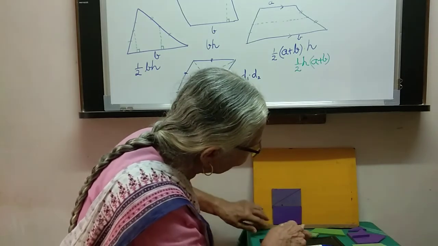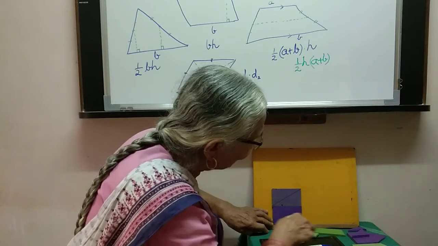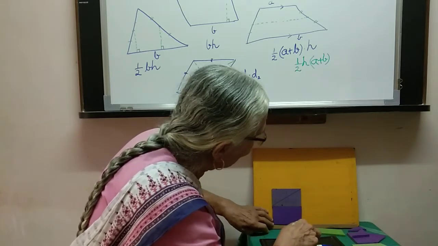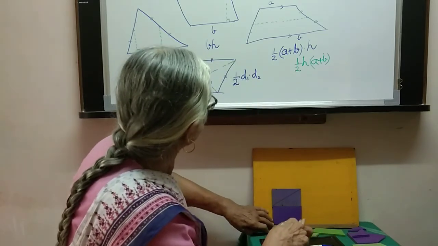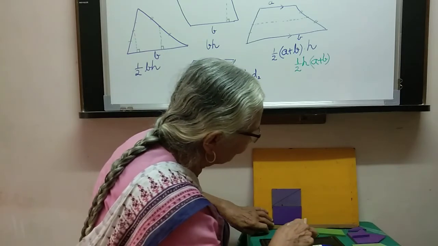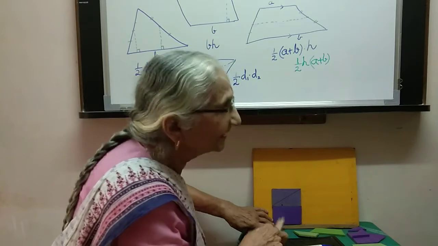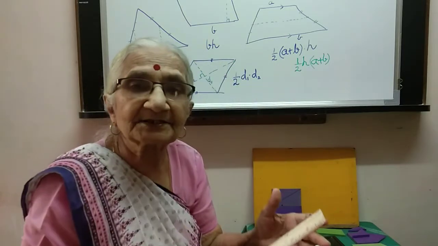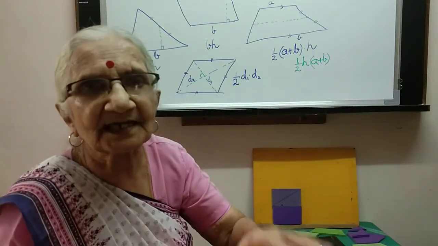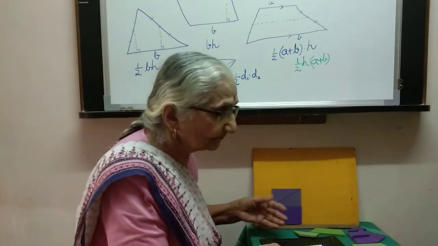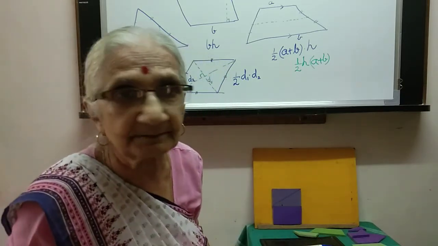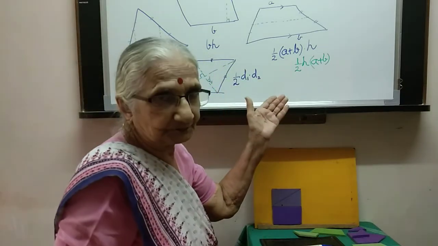This is d1, and this, as we had seen earlier, the whole was d2. I'm sorry, yes, the whole was d2, and this is half d2. So it is d1 into 1/2 d2. That is again 1/2. In one case you get half of d1, in the other you get half of d2. Eventually, of course, it's mathematics, it has to be the same, 1/2 d1 d2.